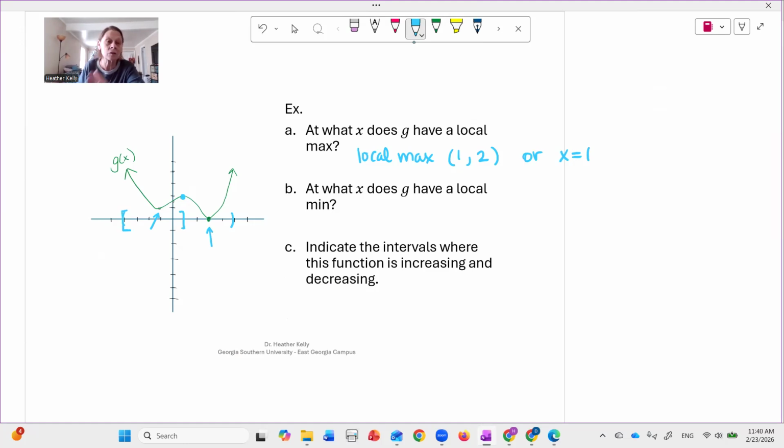Okay, so it just depends on the whole grand scheme. So let's see, the local min would be what then? X is 3, Y is 0, or X equals 3.